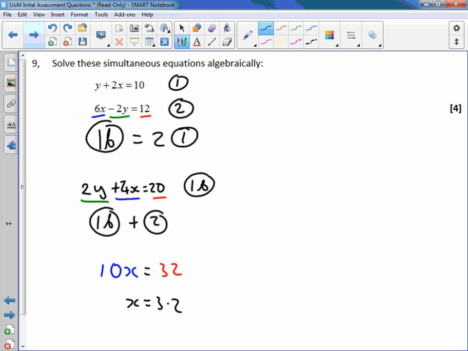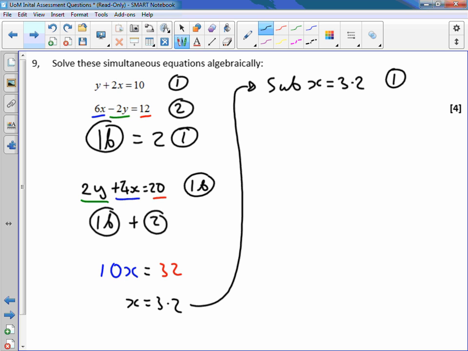Okay, not finished. I know what x is. Next up I need to work out what y is. So I can do that by substituting x equals 3.2 into either of those equations, and I'm going to substitute it into equation 1. It'll work just as well substituting into equation 2. So it gives me y plus 6.4 equals 10.